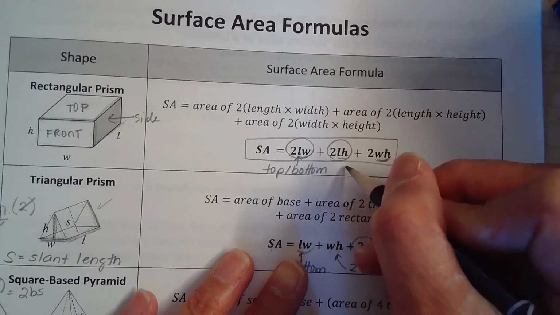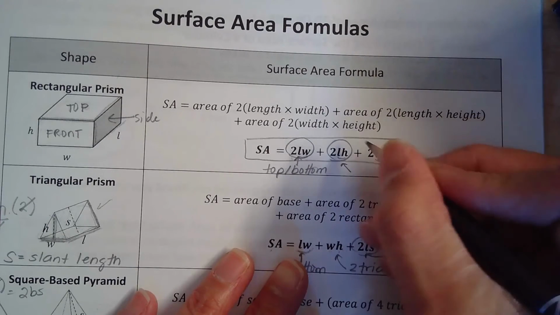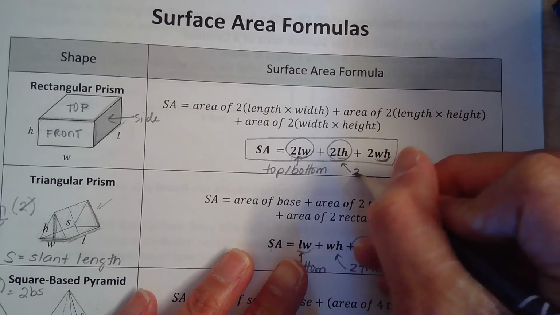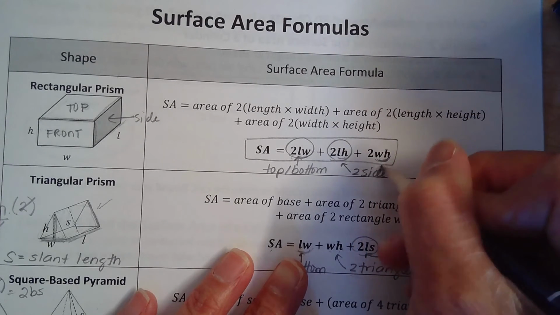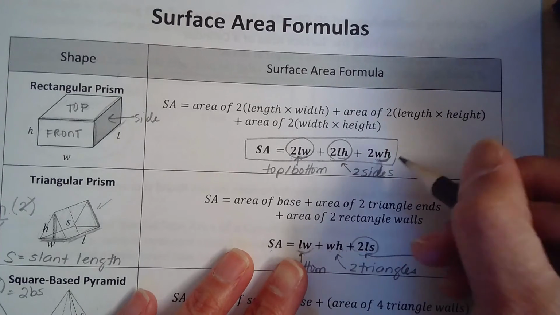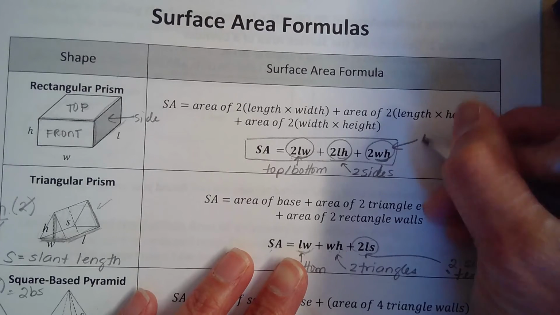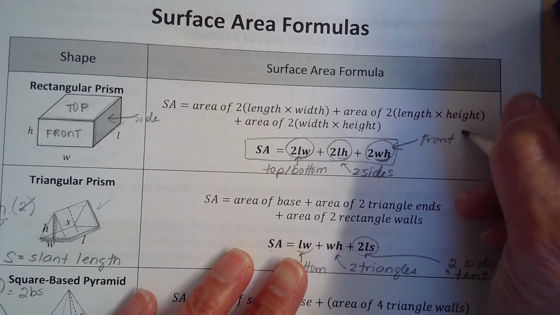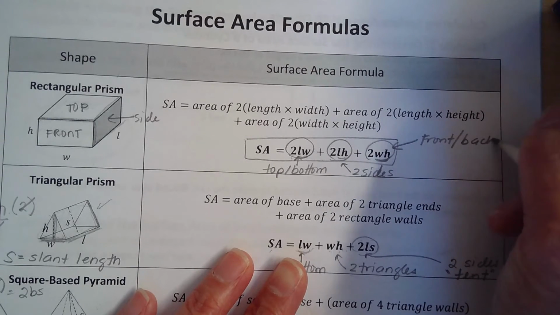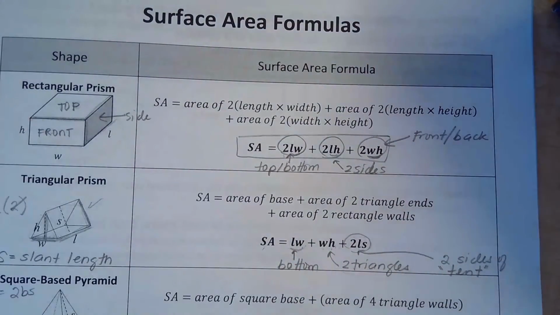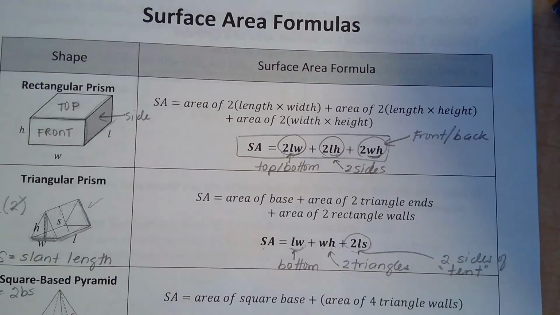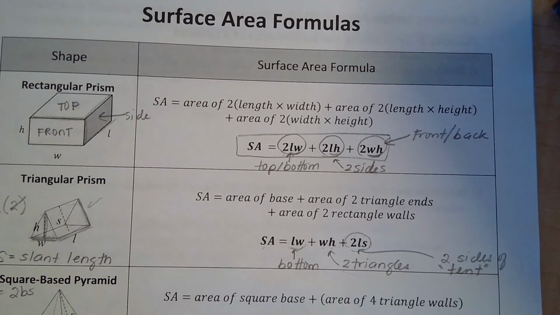L times H, that's the two sides. And then this part here, that's the front slash back. So we know which pieces are what, so we can envision it. Okay, so far so good.